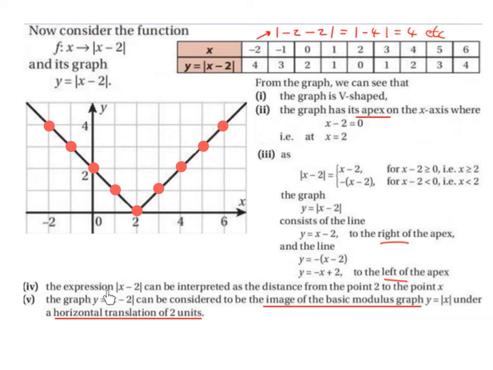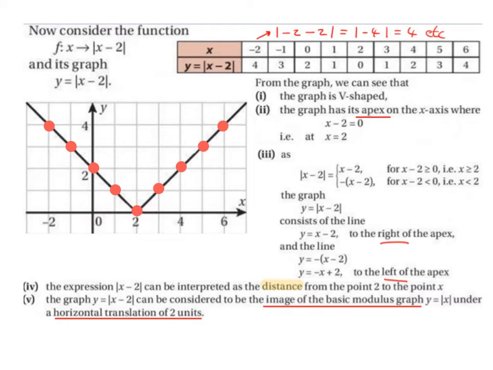The expression the modulus of x minus 2 can be interpreted as the distance from the point 2 to the point x. So remember, distance is the key word here. The graph y equals the modulus of x minus 2 can be considered to be the image of the basic modulus graph y equals the modulus of x under a horizontal translation of 2 units.